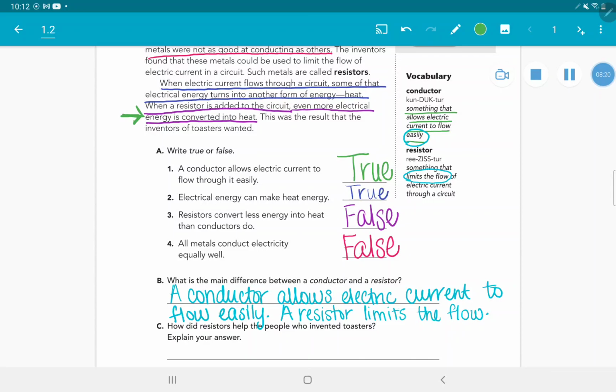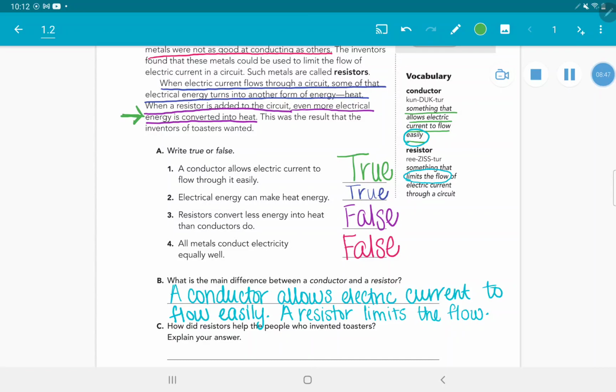Christopher? I think it helps them because if they didn't have resistors, they wouldn't be able to resist the flow from the conductors, which would make the toasters get even hotter and really hot to where you wouldn't be able to touch them and use them. So for a toaster to work, to toast whatever you're putting in there, it has to heat up, doesn't it?